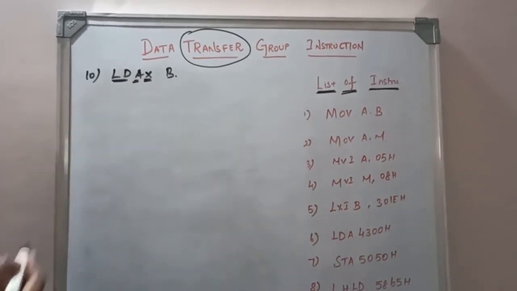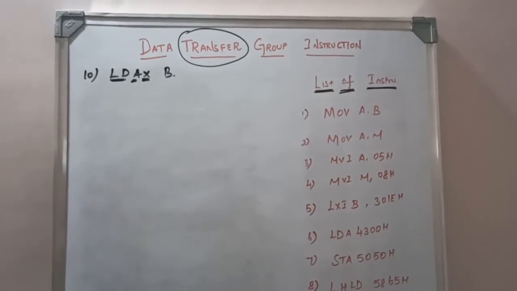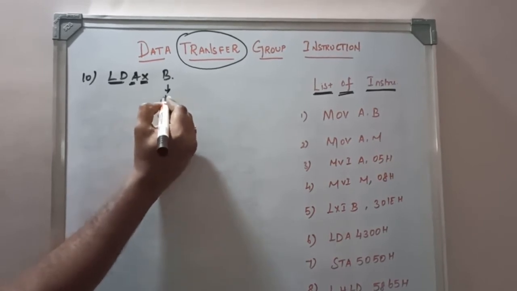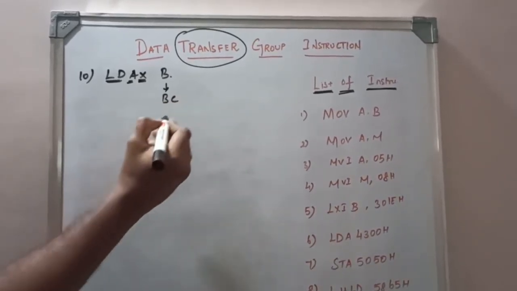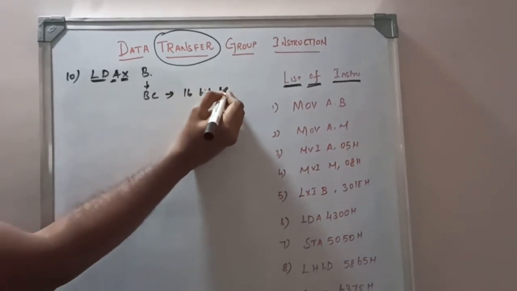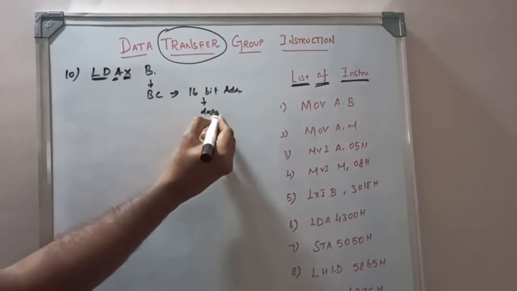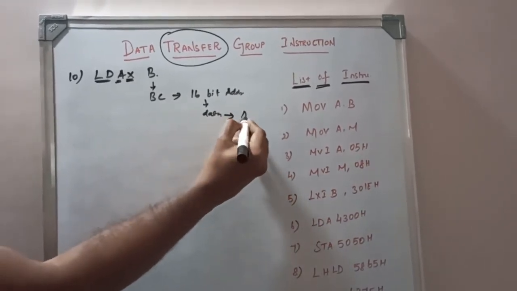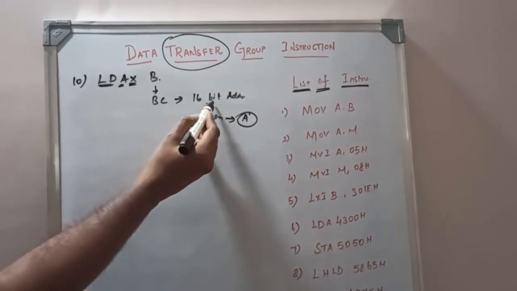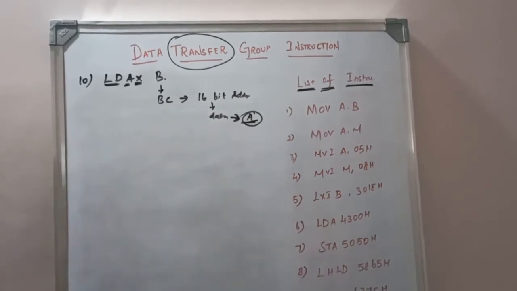X represents that the register is considered as a 16-bit value. So the B register is considered as the BC pair. This BC pair holds a 16-bit address. Whatever data is present at this address is moved to the accumulator. Whatever data is present in the specified location is transferred to the accumulator register.